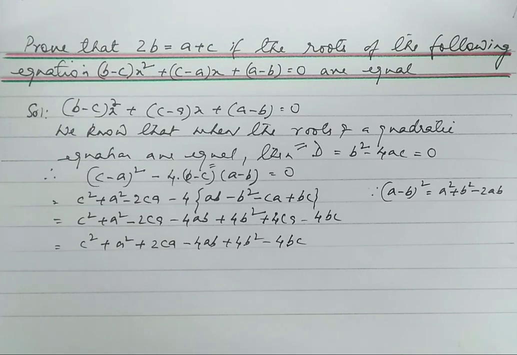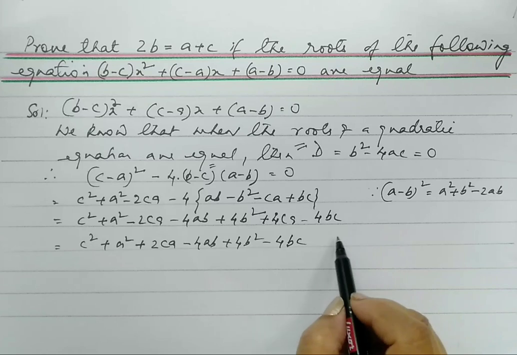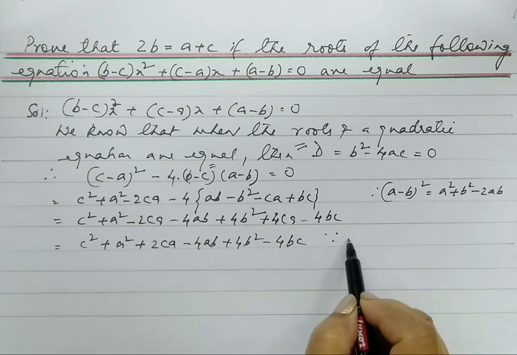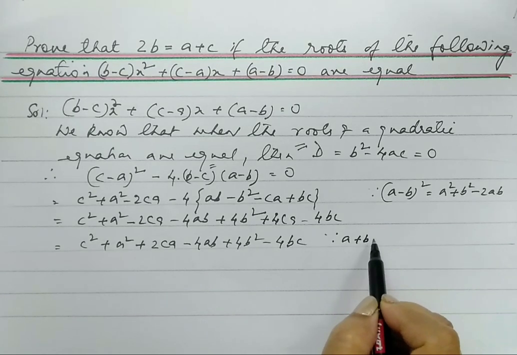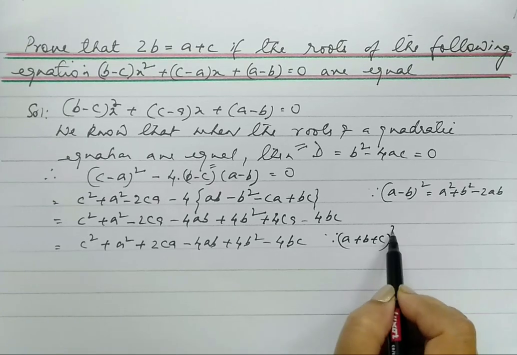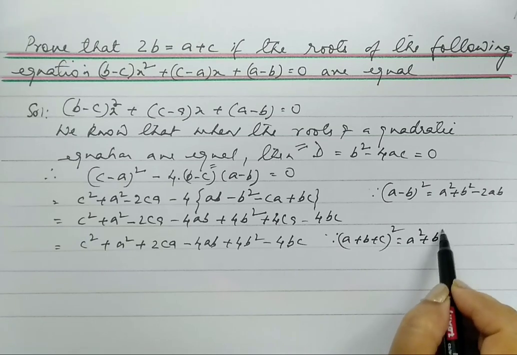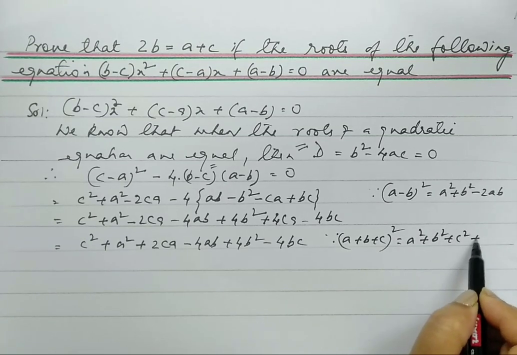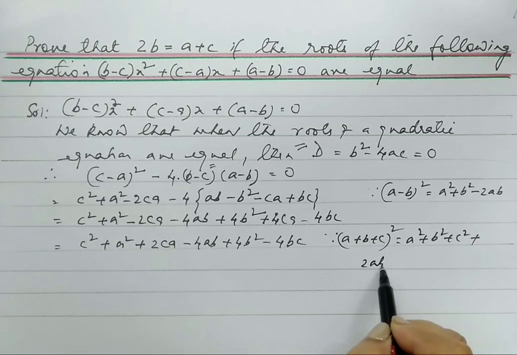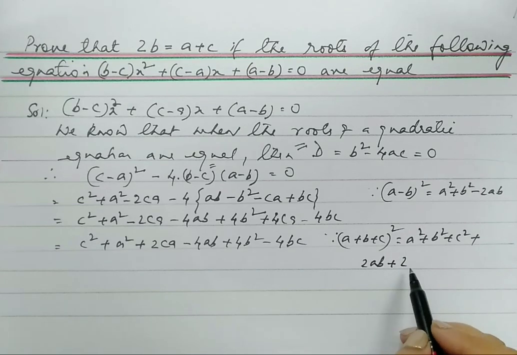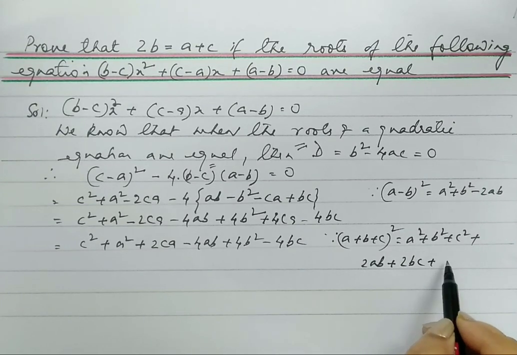Alright, what next? Now we know that, since (a plus b plus c) whole square is equal to a square plus b square plus c square plus 2ab plus 2bc plus 2ca, am I right?